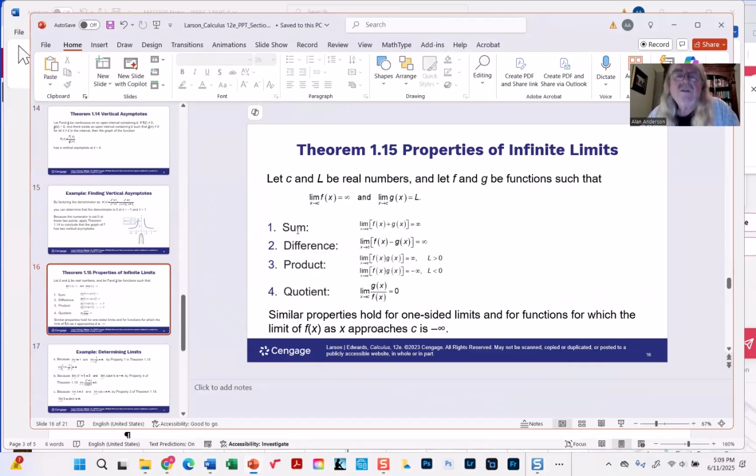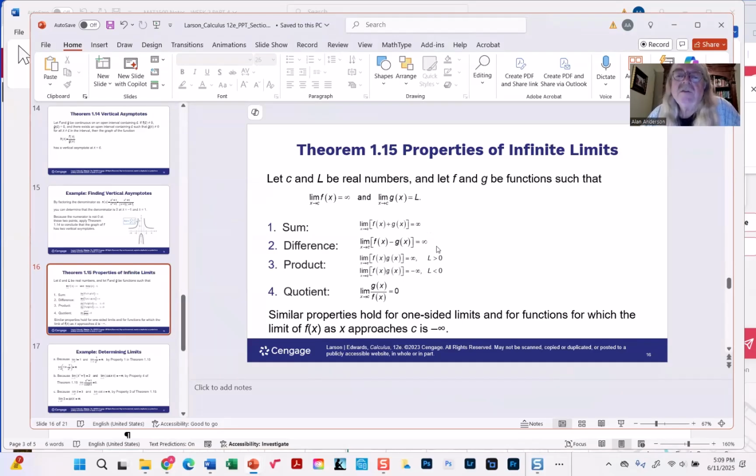Okay, now here what they're showing us is what happens if you encounter a situation where we have two functions where in one case the limit is infinity or possibly negative infinity, and the other one is a constant. So for example, here with the sum property, no matter what L is, if you're adding infinity to it, the sum will be infinity.